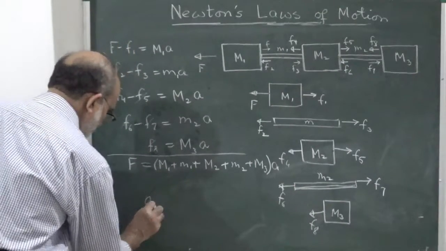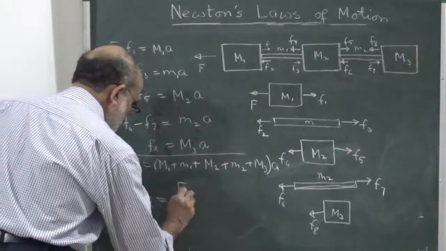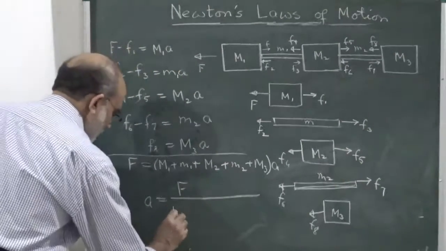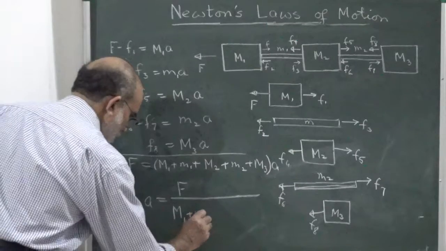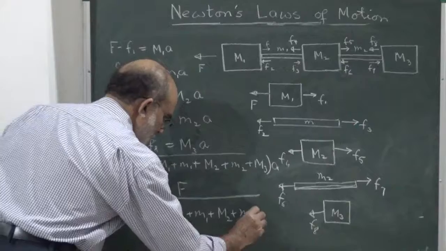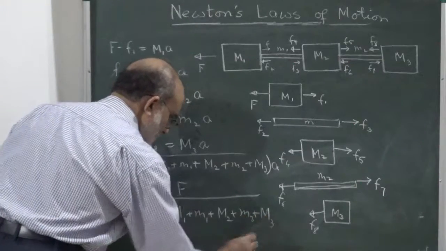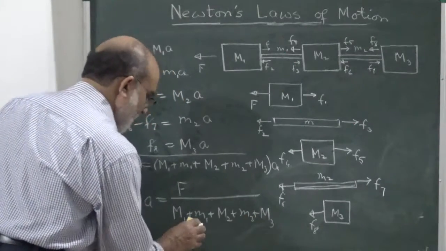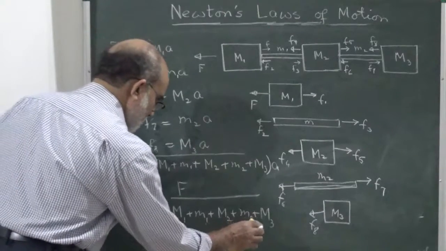Our acceleration is given by F divided by M1 plus m1 plus M2 plus m2 plus M3.